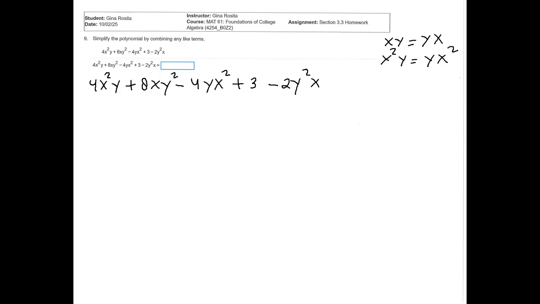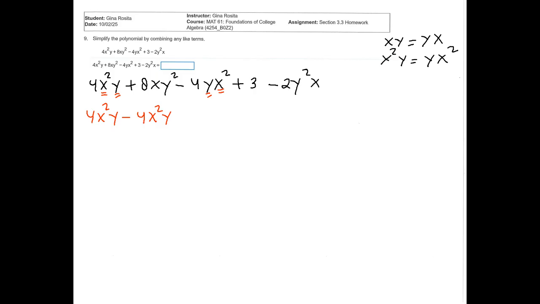Okay, now look at again here. So look at the x squared. This is x squared. This is x squared. This is y. This is y. This means this is the same like term. So we can write down become 4x squared y minus 4x squared y. Okay. Now next, look again.